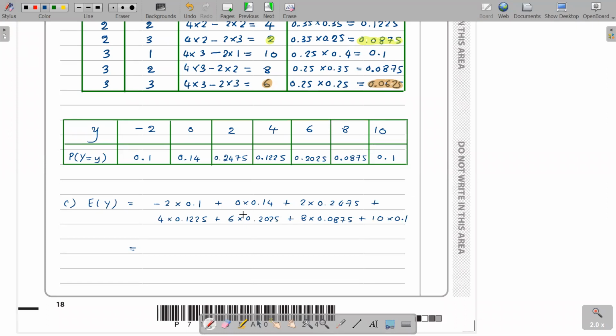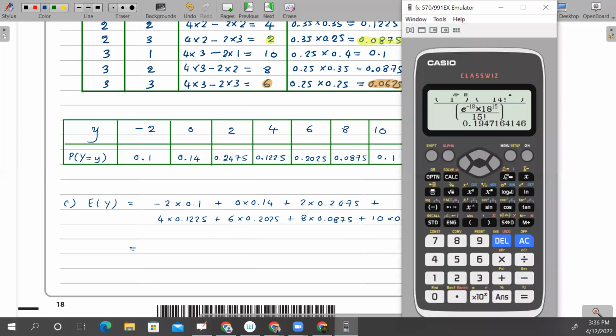Multiply. Be really careful when you're multiplying. Check the figures you're typing in the calculator. There should not be any error.